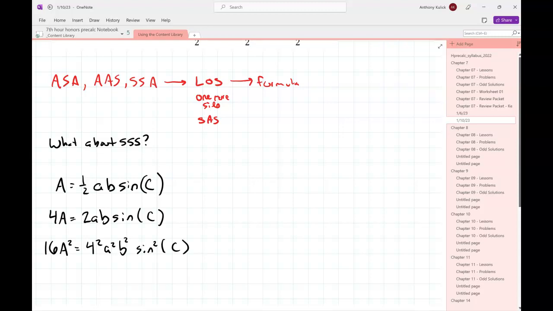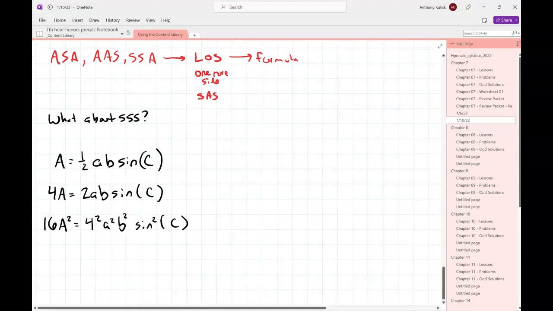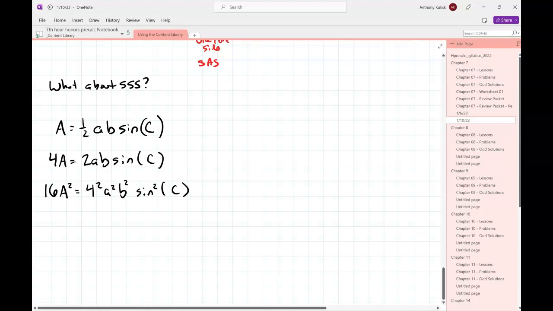So that gives me 16 area squared equals 4 times a squared times b squared times sine squared C. Now, if I remember, sine squared is the same as 1 minus cosine squared.